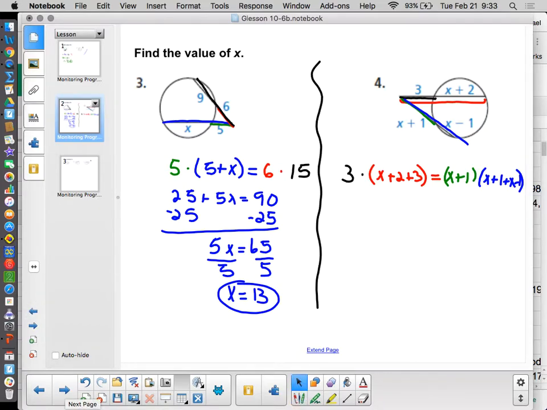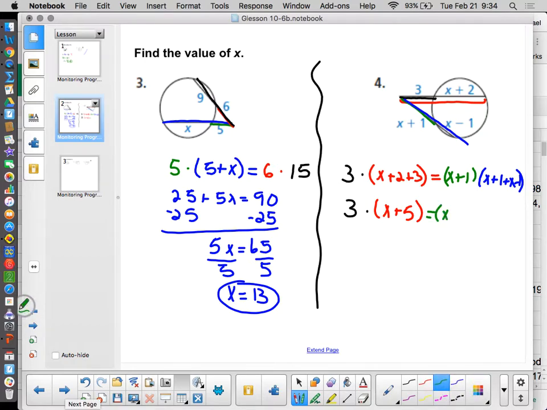Adding them together. Now, I can simplify this. That's 3 times x plus 2 plus 3 is x plus 5, equals x plus 1 times, I'll take x plus 1 plus x minus 1 is 2x, because the plus 1 minus 1 cancels out. So that just becomes 2x for that length.